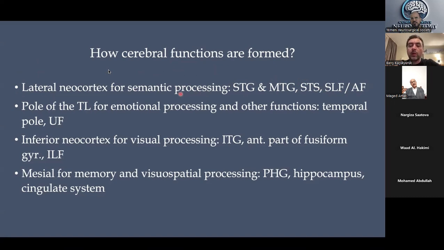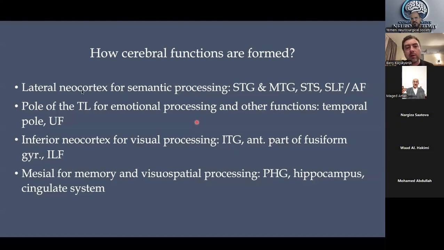Nowadays, we don't believe anymore that the functions of any area of the brain are processed in strict cortical locations. On the other hand, we think that the functions of the brain, particularly the temporal lobe, are produced by the connectivity of the different cortical areas by white matter structures.